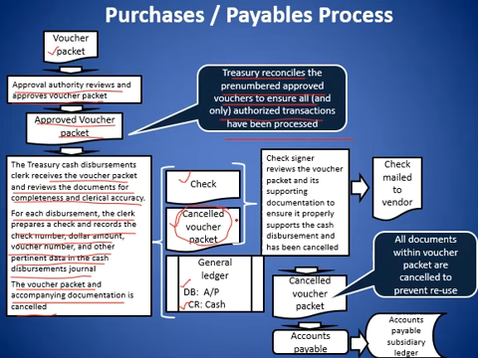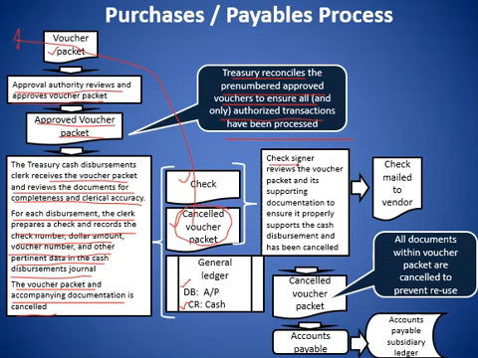And the reason I do those cancellations is that those items cannot be pulled out of that voucher packet and somehow reintroduced back into the accounts payable process for another payment. So once I cancel the voucher packet, all of the documents within the voucher packet are also canceled.